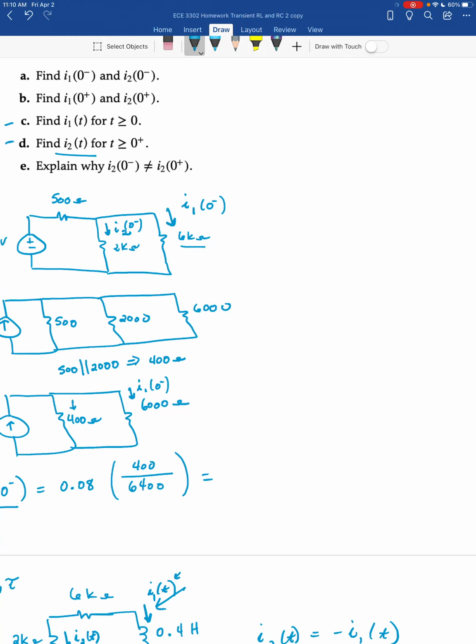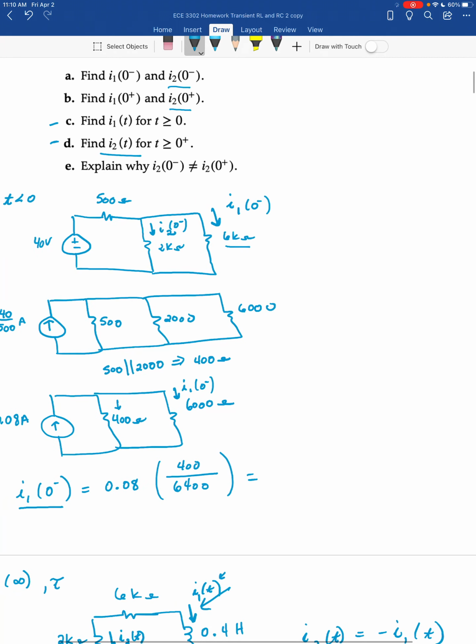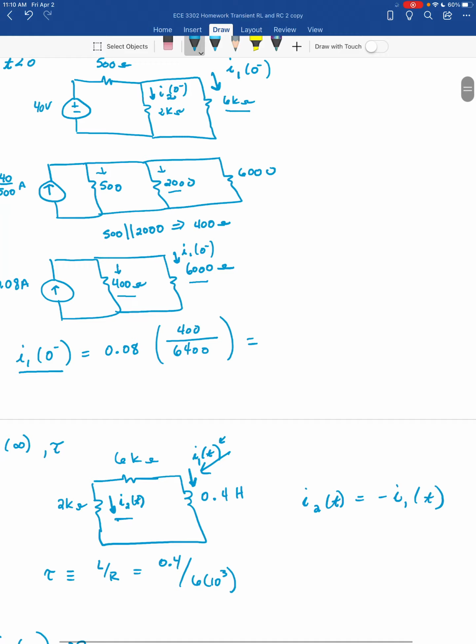So as you come back, if you solve for I2 at 0 minus, you will find that I2 at 0 minus and I2 at 0 plus are not equal. So how would you get I2 at 0 minus? Well, we found the current through the 6,000 ohm resistor here, and so using KCL we could easily find the current through this 400 ohm resistor, and then we could use a current divider between the 500 ohm and the 2000 ohm to get the initial current through the 2000 ohm resistor.